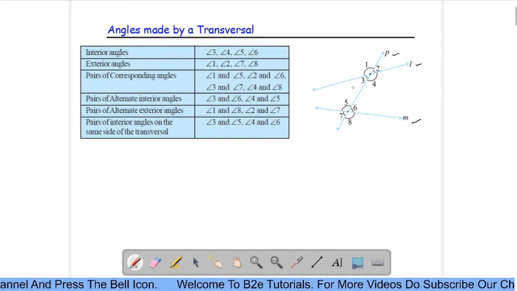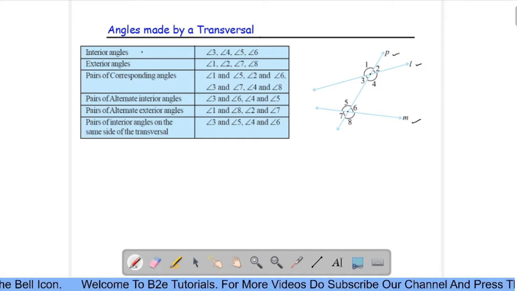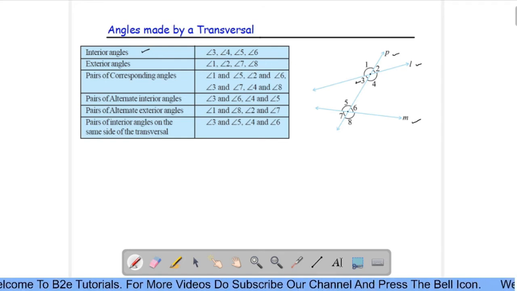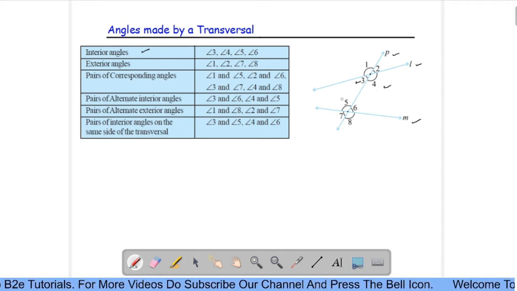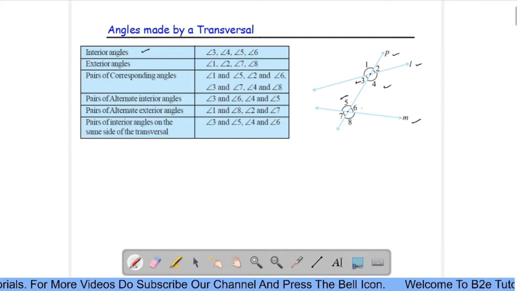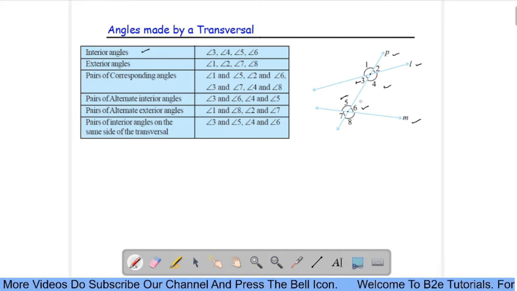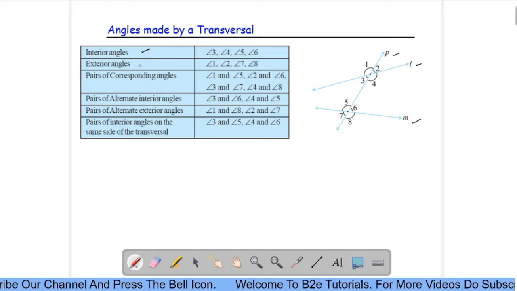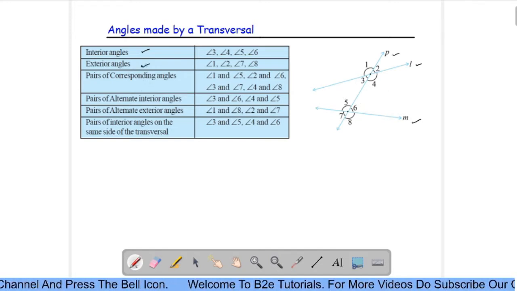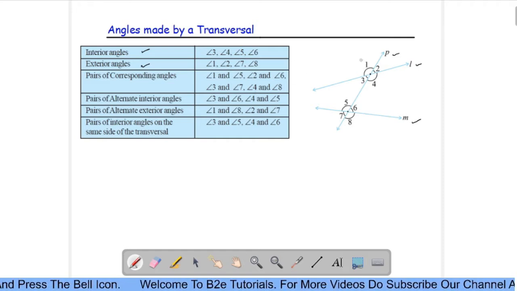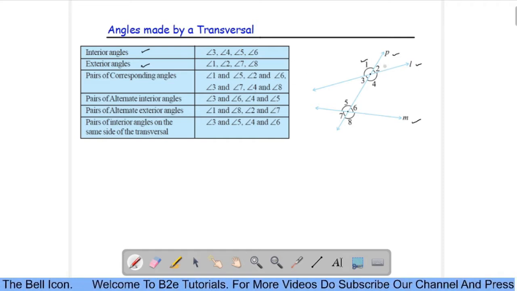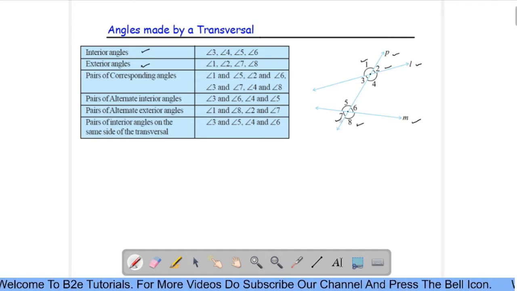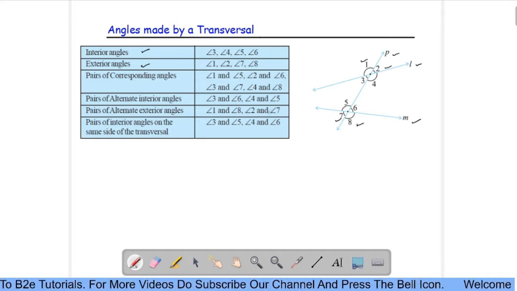First one is interior angles. What are interior angles? Angle 3, angle 4, angle 5, and angle 6. These are called interior angles. Next is exterior angles. Here angle 1, angle 2, angle 7, angle 8 are called exterior angles.